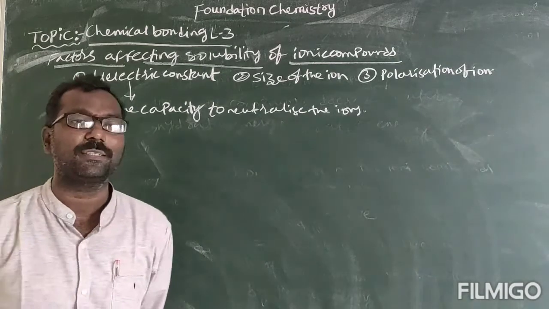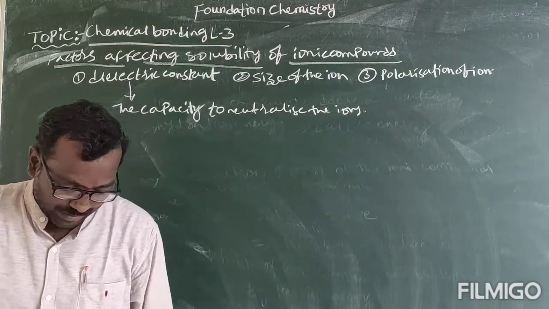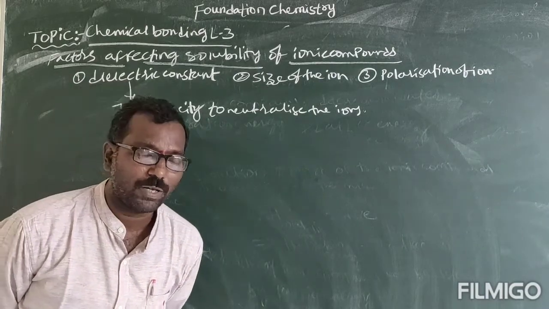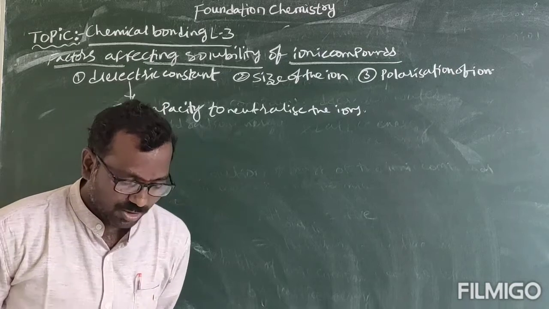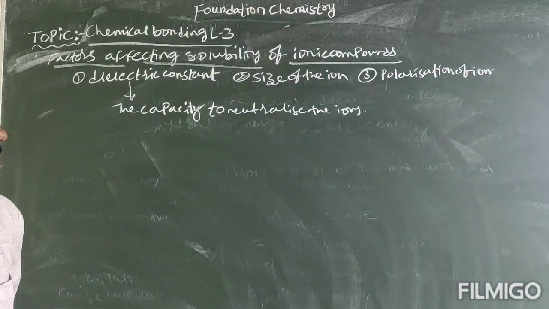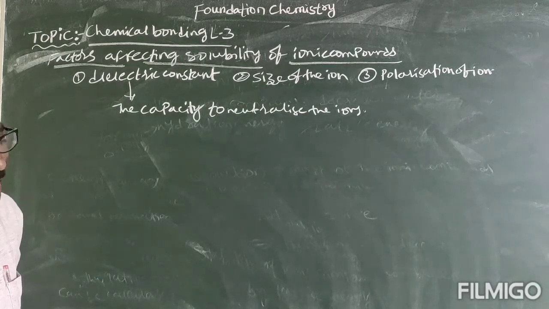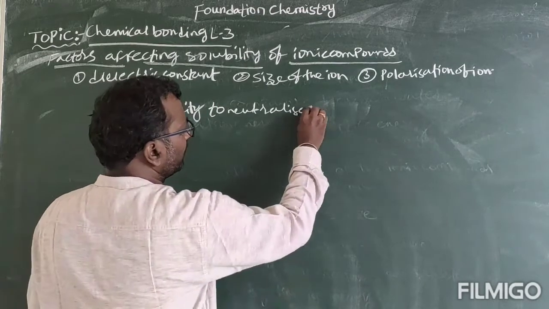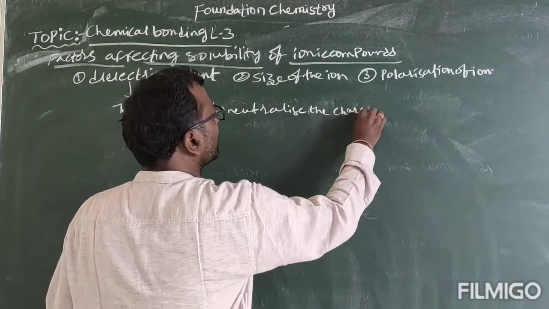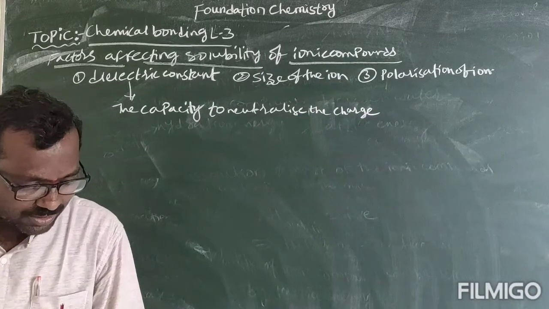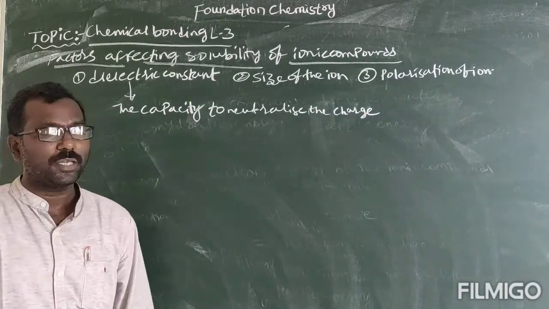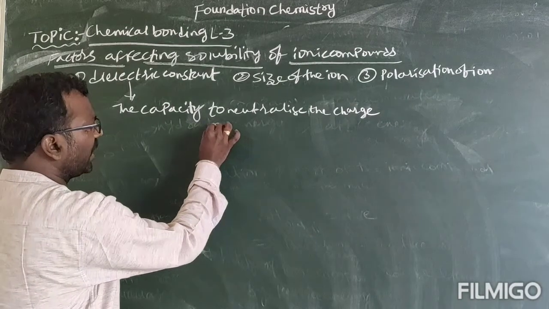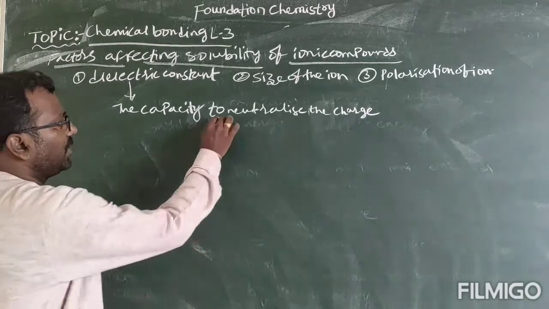Once again I am repeating the definition: the capacity of a solvent to neutralize the charge of ionic compounds is called the dielectric constant, and it is represented by epsilon.